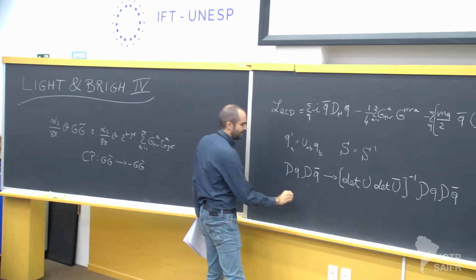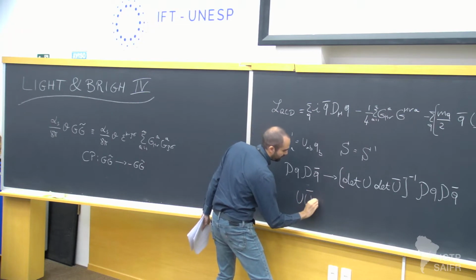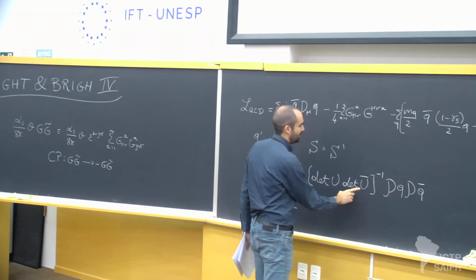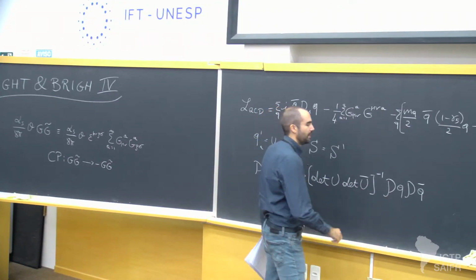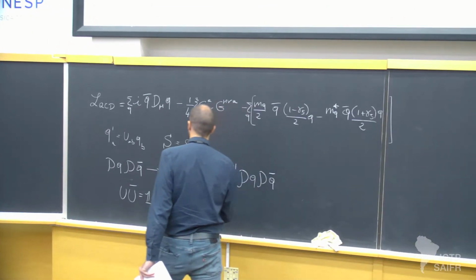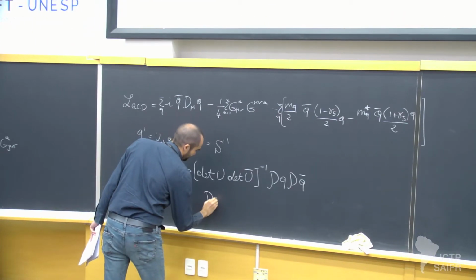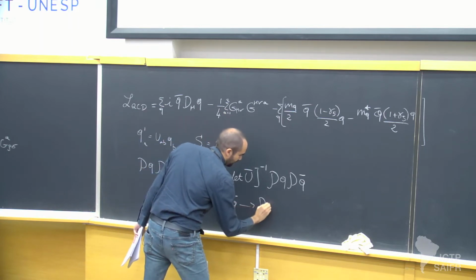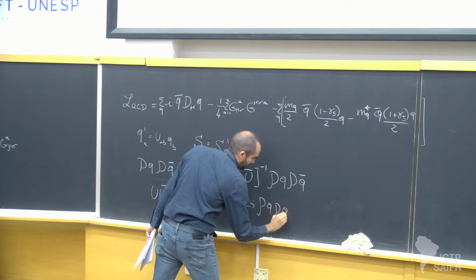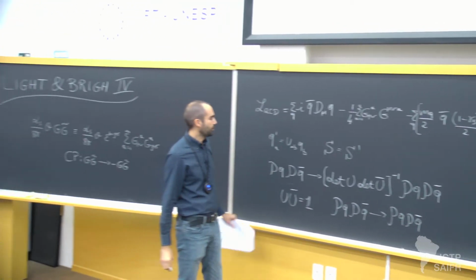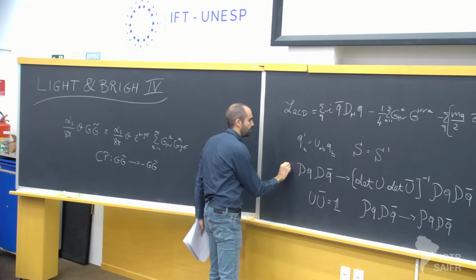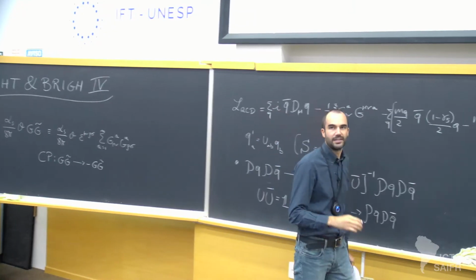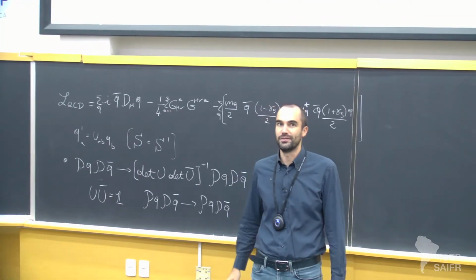So if your transformation is unitary, then you have no problem. These two factors of the determinant give you unity, and the measure of integration remains invariant. So that is why most of the time you don't even consider this point. So once you find a symmetry that leaves the action invariant, you consider yourself satisfied and start working out the consequences of this symmetry.